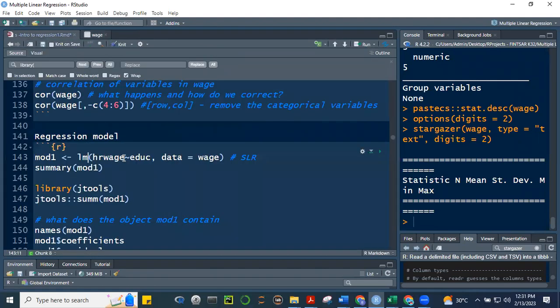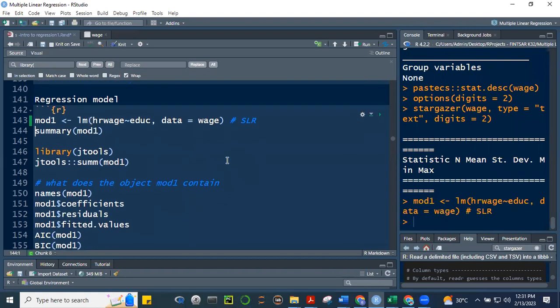Is hourly wage related to education? So we use this tilde. Hourly wage is your dependent variable, education is your independent variable. And then we identify here data is equal to wage. If we run this, notice this is just a simple linear regression because we only have one predictor.